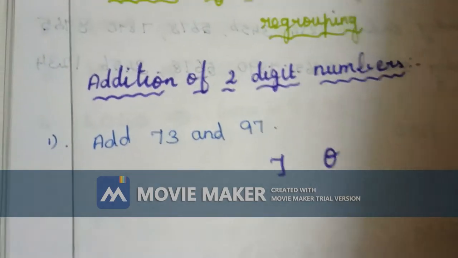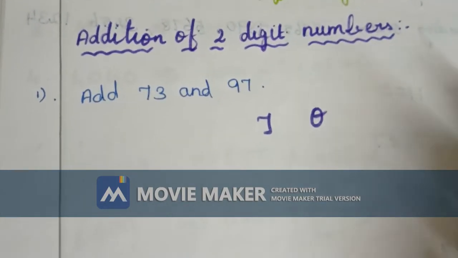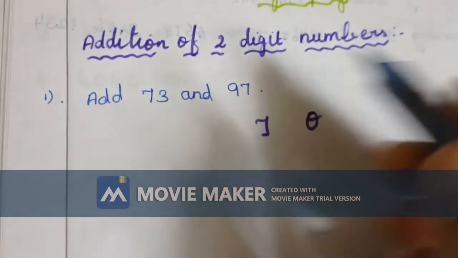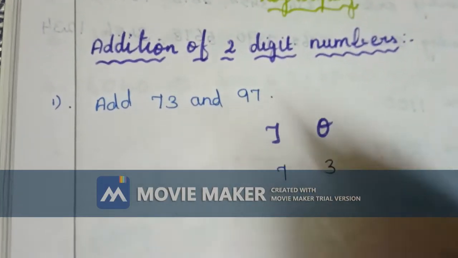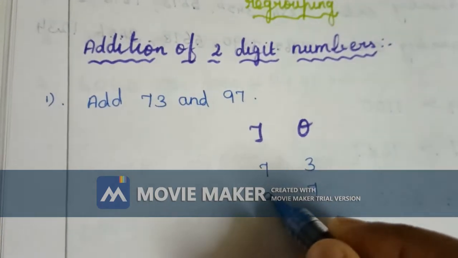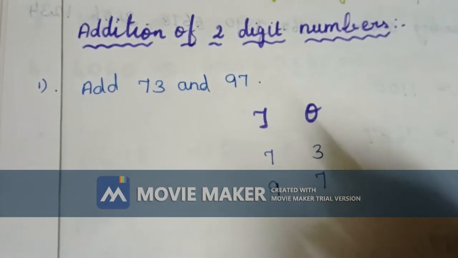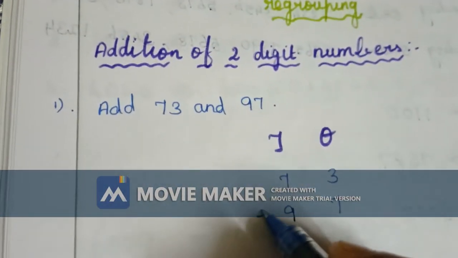So now write the numbers one below the other as per the place value. In 73, 3 ones and 7 tens. And in 97, 7 ones and 9 tens. So the symbol is plus.